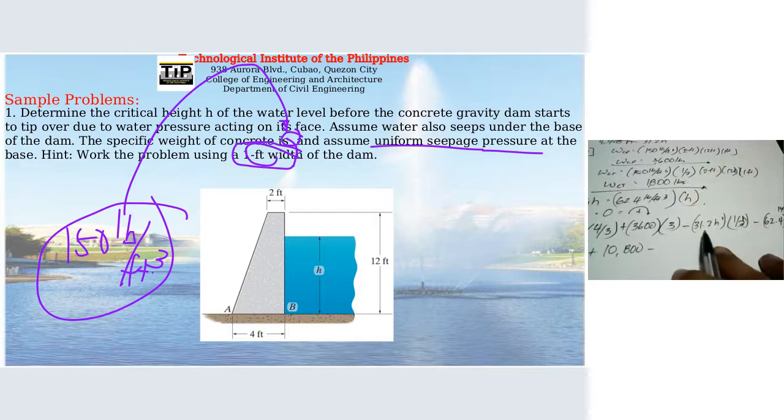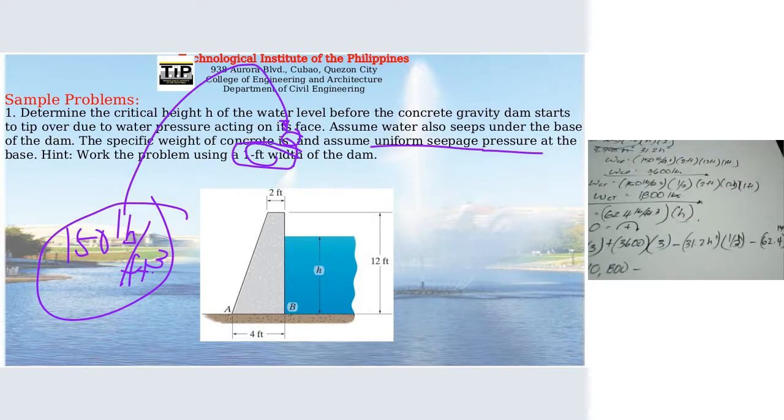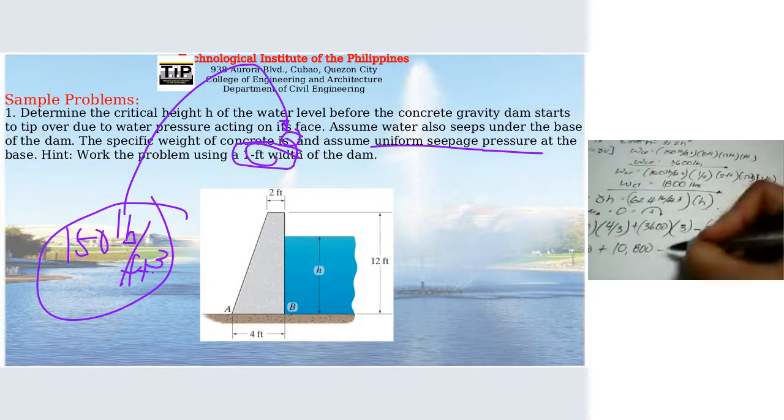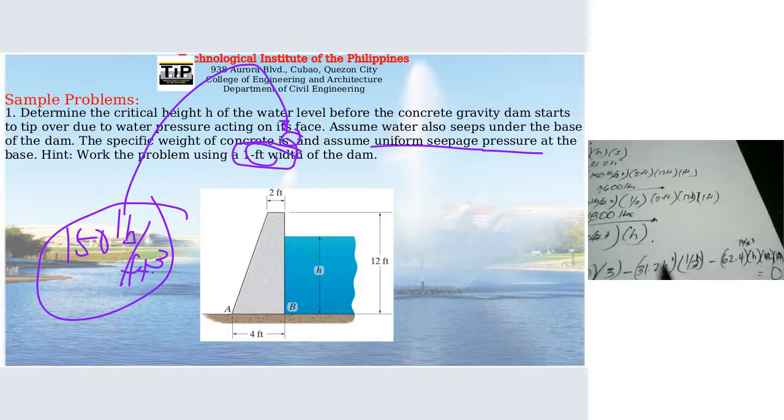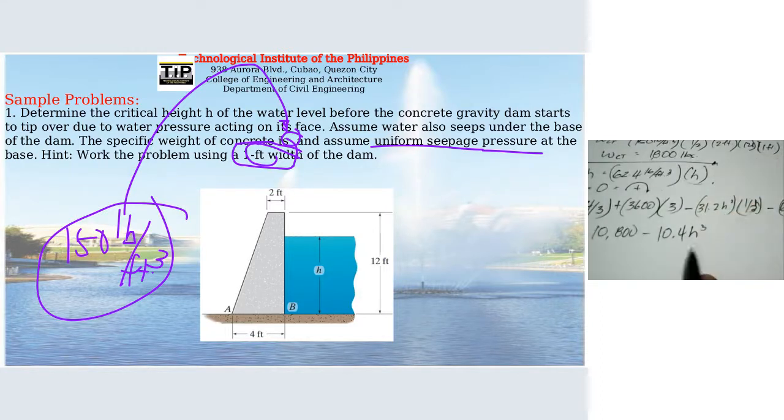And then minus 31.2 divided by 2, 10.4. And take a look, this is h squared multiplied by h. So this will become h cubed.